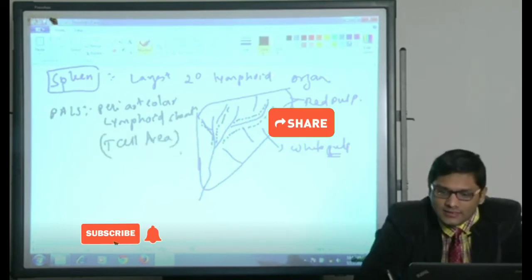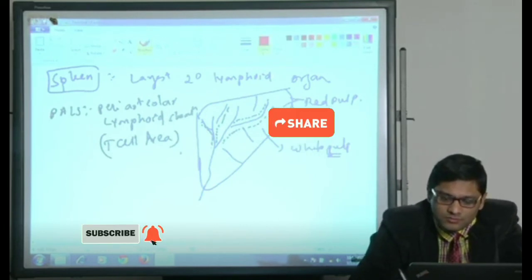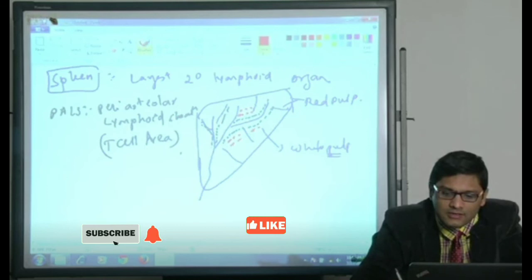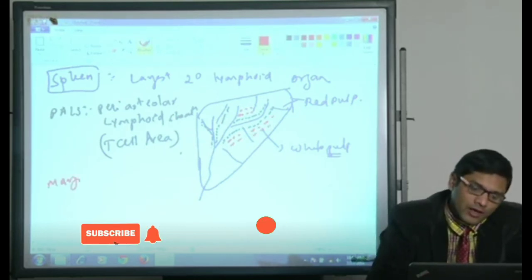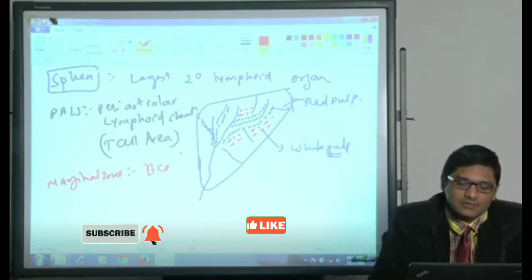And adjacent to periarteriolar lymphoid sheath, the next zone is the marginal zone. Marginal zone is the area of spleen where B cells will be residing.